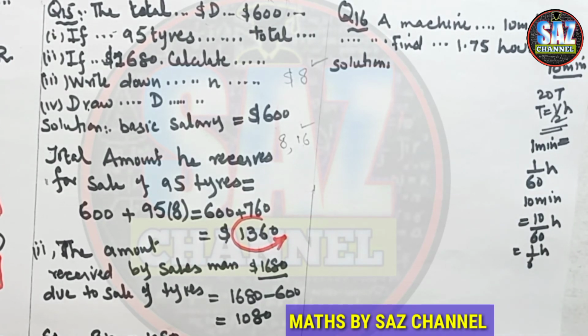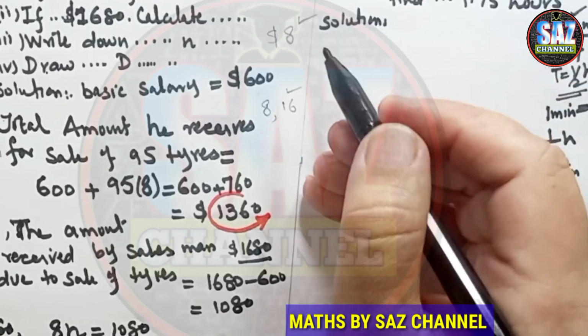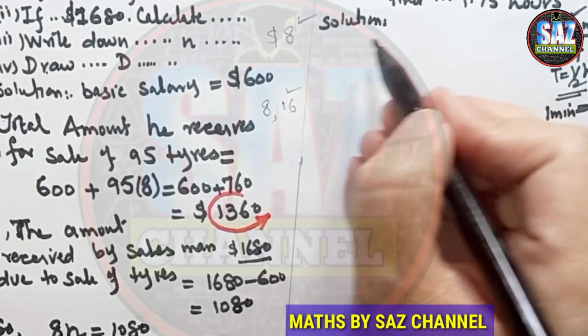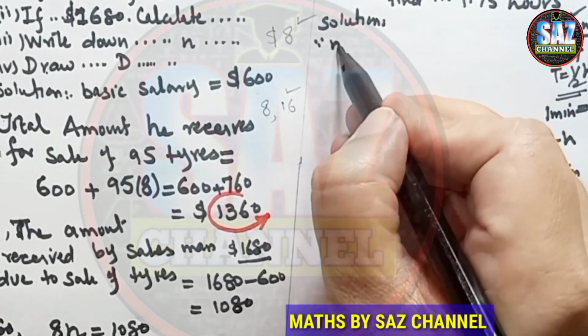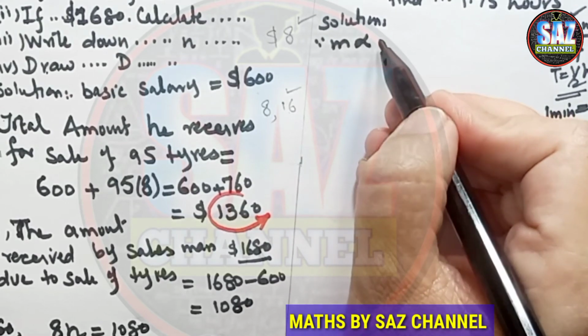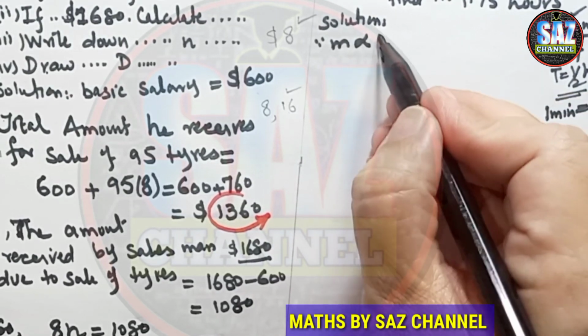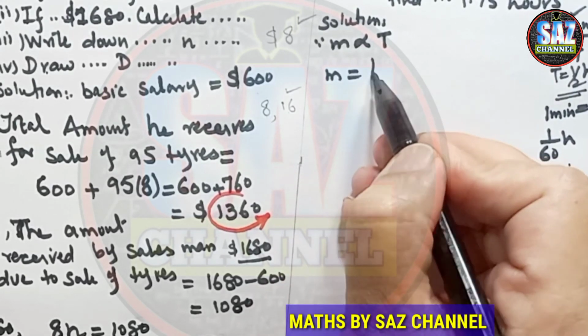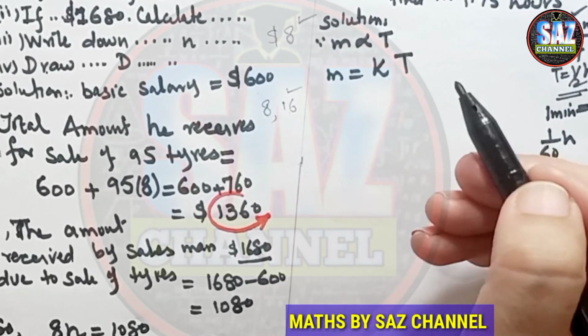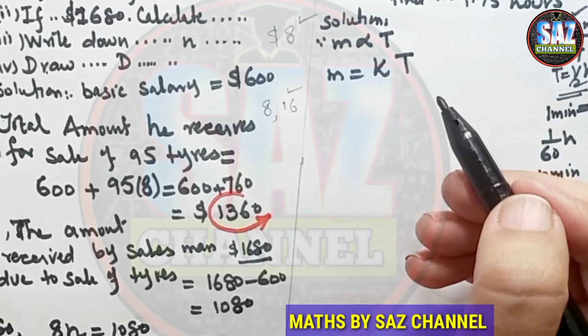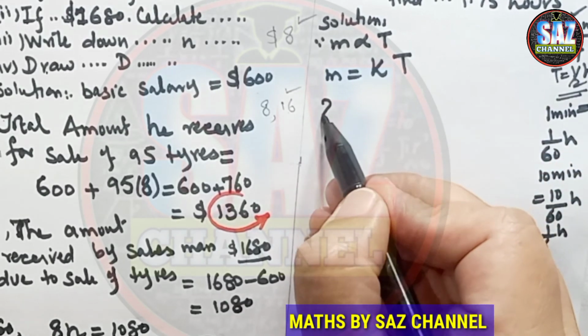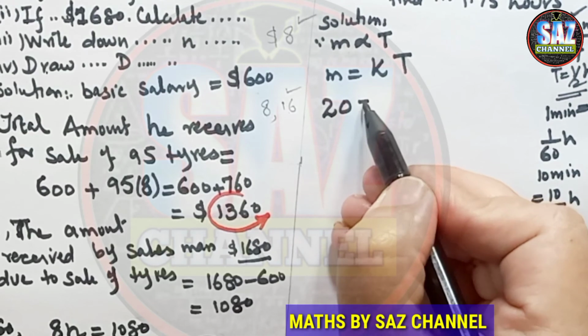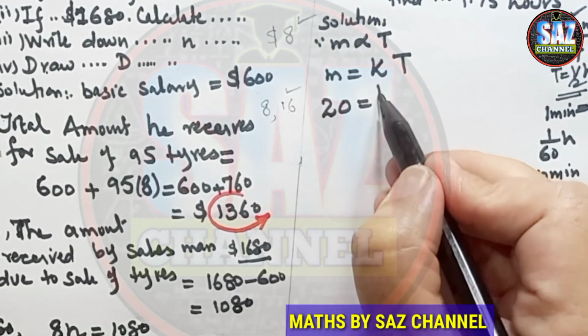Now we have to go to the solution of this question. Because mass is directly proportional to the time given in the question, mass will be equal to k times t. Now the problem is that 20 tons of ice is produced when the machine is run for half an hour.